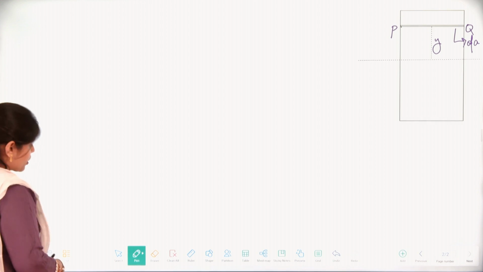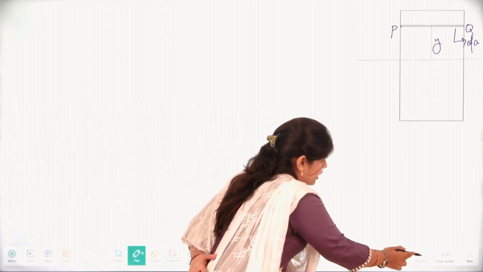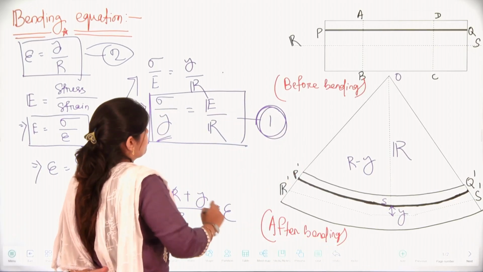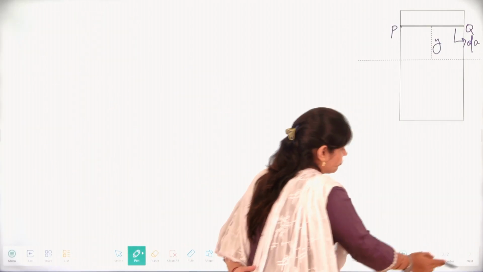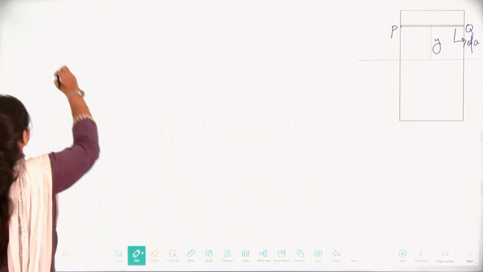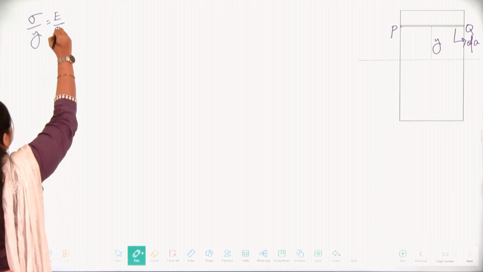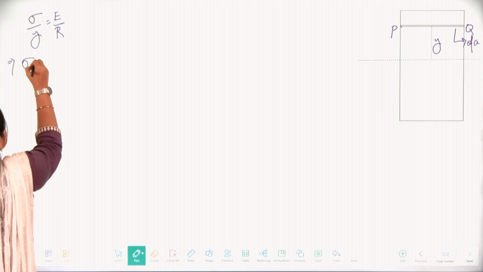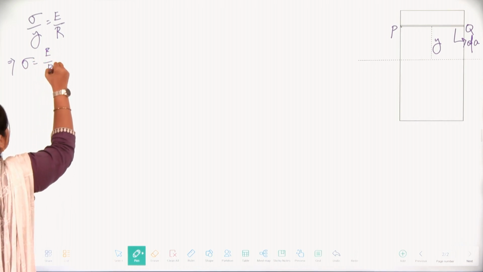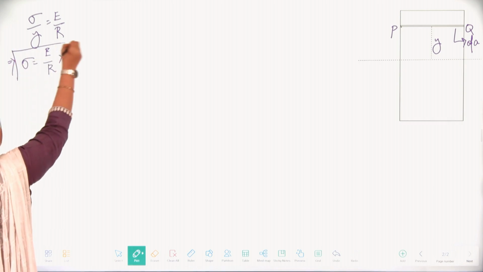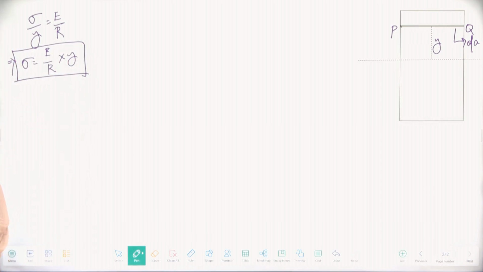We already have the equation sigma by y equals E by R, so we can write sigma equals E by R into y.